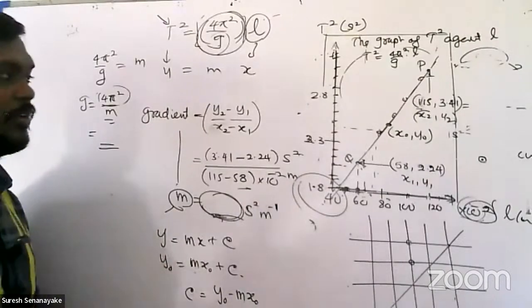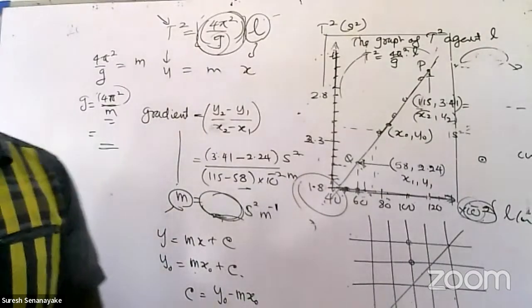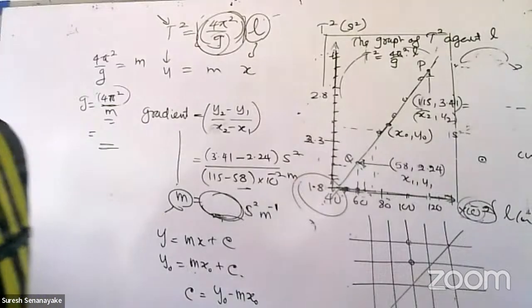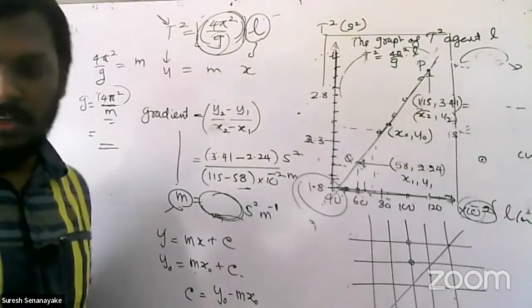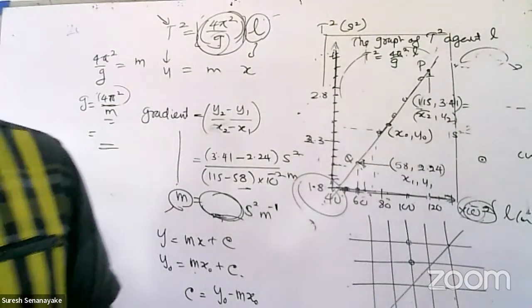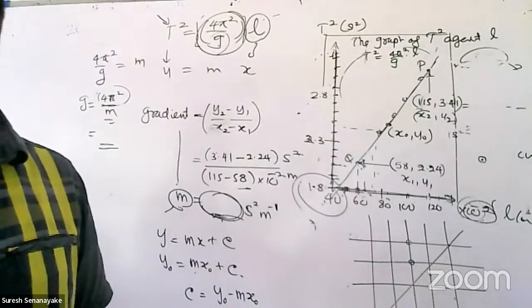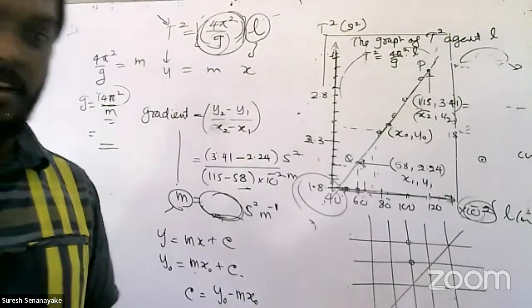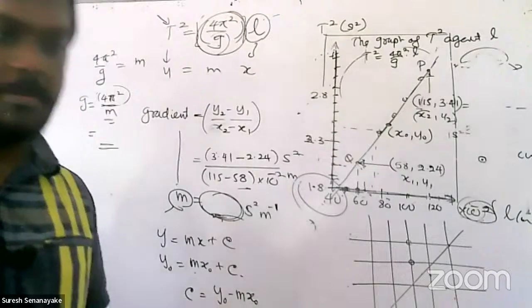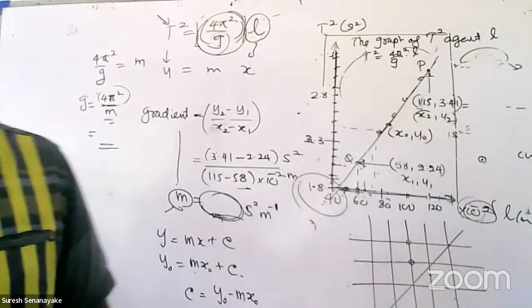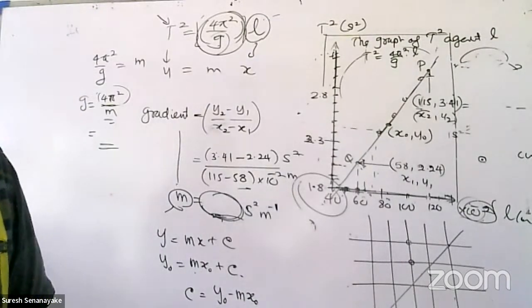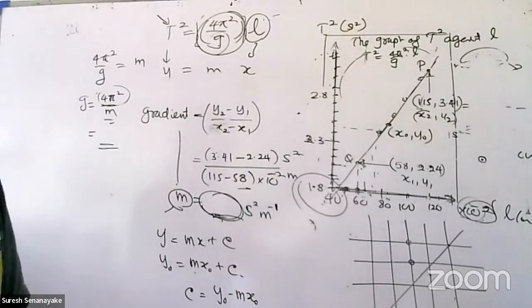This is an example only. Now, using these facts I have given you, try to draw the graph. I also gave you the graph paper, right? Online I also sent the 1 millimeter graph paper, and I also gave the question. So try to do the first question.